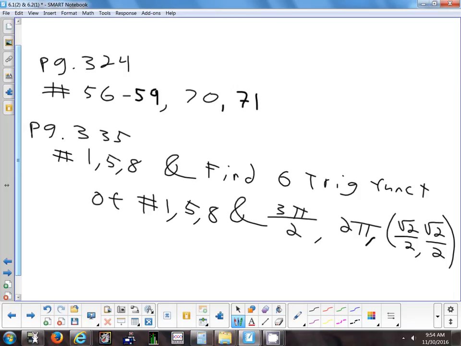Find the 6 trig functions of 1, 5, and 8. And try finding the 6 trig functions of 3 pi over 2, 2 pi, and this coordinate. So I'm looking for the sine, the cosine, the tangent, the secant, the cosecant, and the cotangent of this, that, and that. And we'll take a look at that tomorrow.